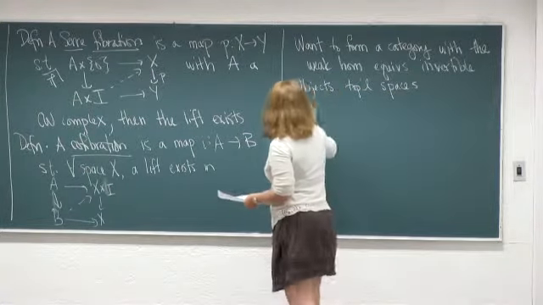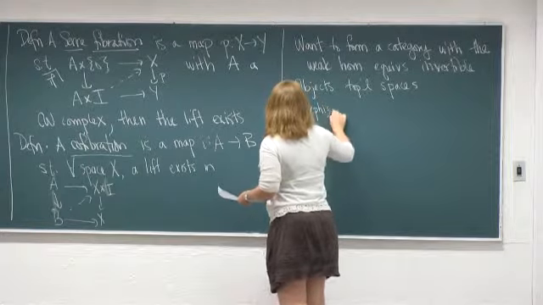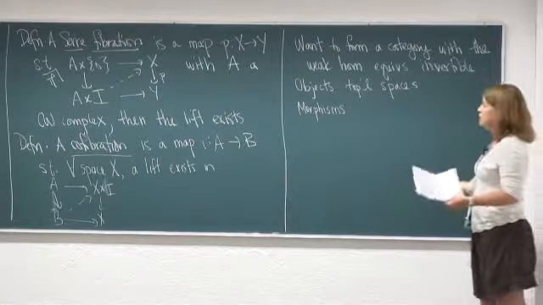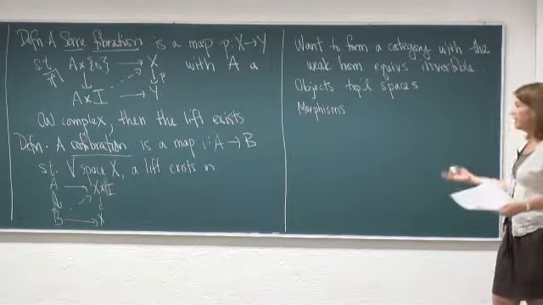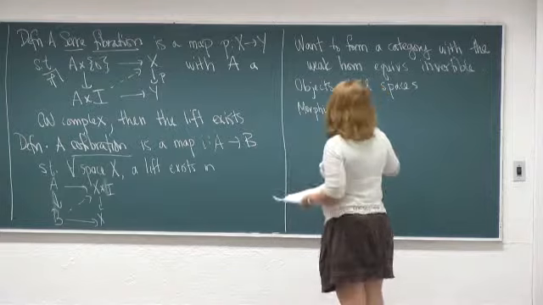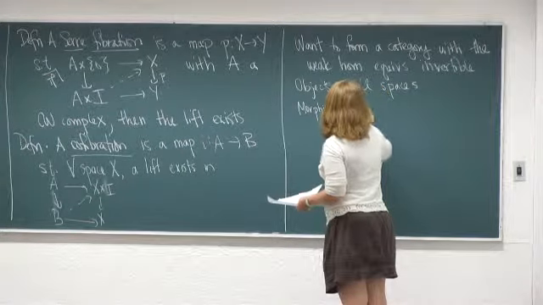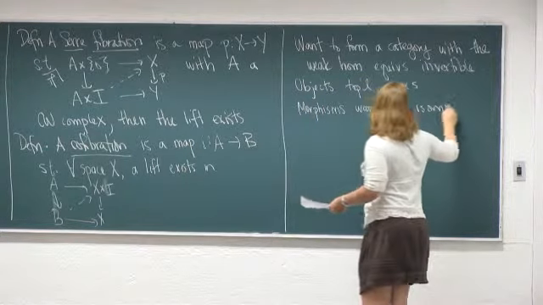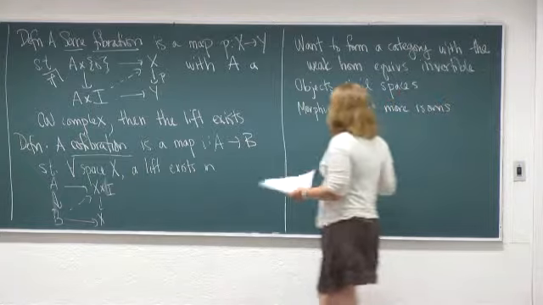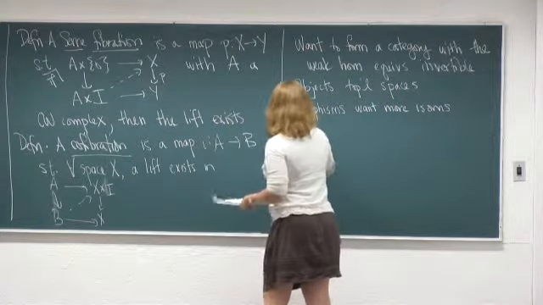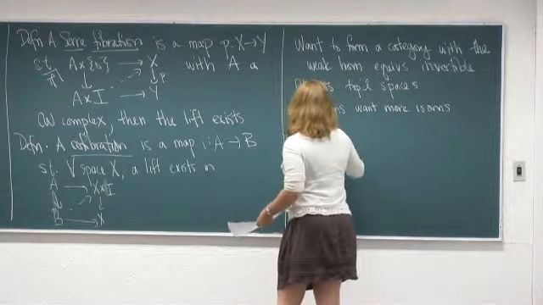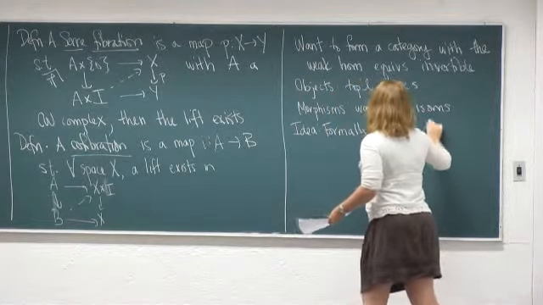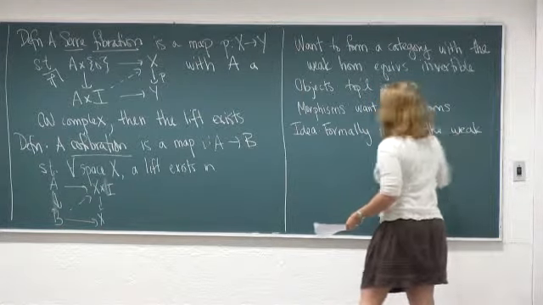Okay, but now our initial idea is to do as little damage as we can. We want more isomorphisms. So our first idea is, well, let's just formally invert the weak homotopy equivalences.